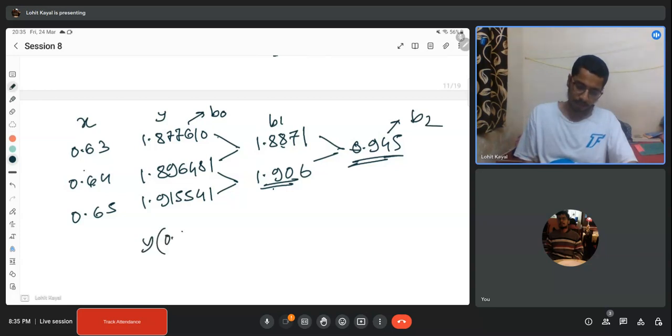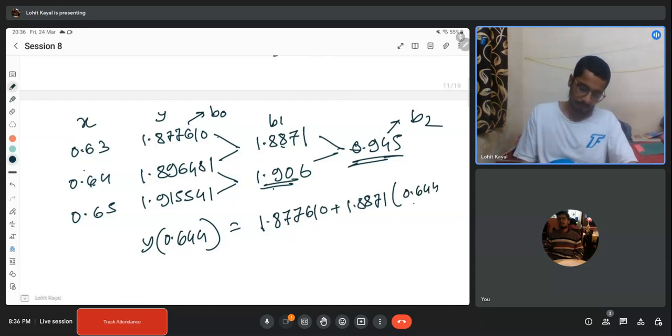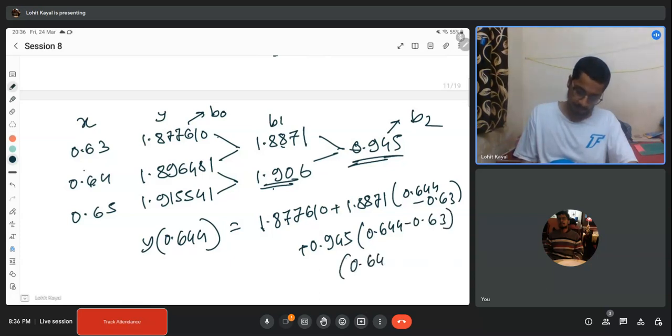And for y of 0.644, you just need to put the value b0 plus, let me just write down the final expression, 1.877610 plus 1.8871 times x minus x naught, that is 0.644 minus 0.63, plus 0.945 times 0.644 minus 0.63 times 0.644 minus 0.64.